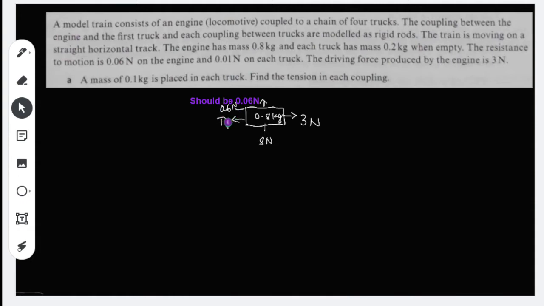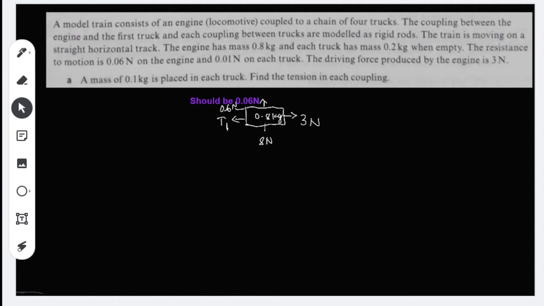You have here the T sub 1, or you can say that this is the tension 1 of the coupling. Now, based on the problem, we're going to have a chain of 4 trucks. So that's the engine. Next, let's start with the first truck.